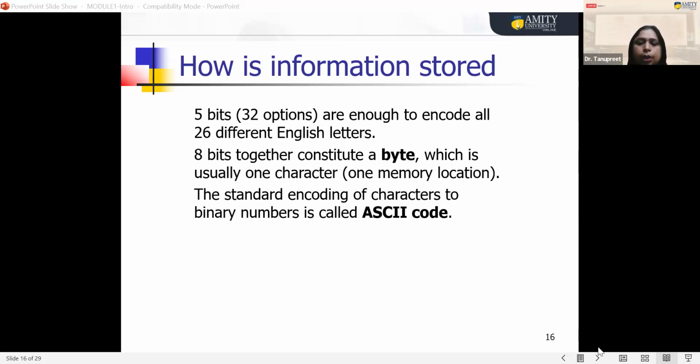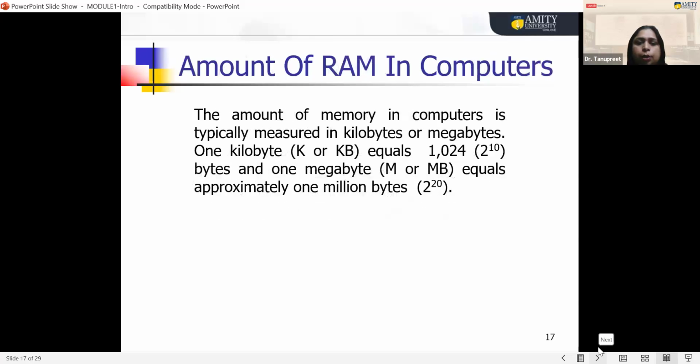Now, you can go through these facts and figures. In a normal configuration, the RAM configuration is 1024 bytes, that means 2 raised to the power of 10. This is not the configuration of a supercomputer, which would have the latest NVIDIA A100 series server.